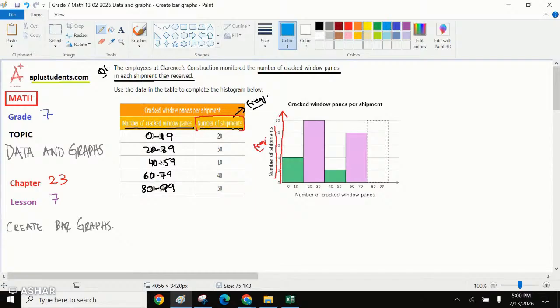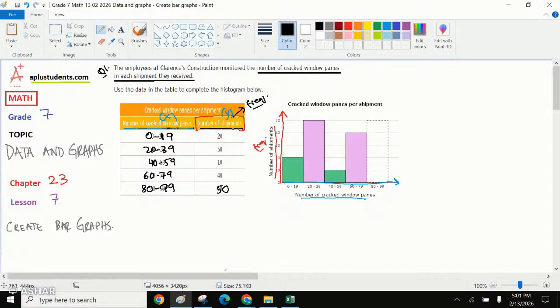On the horizontal axis, we have the number of cracked window panes. Agreed? The first value is for the x, the second value is always for the y. That means 0 to 19 was 20. Then 20 to 39 was 50. This was 10. This was 40. And this was given as 50.